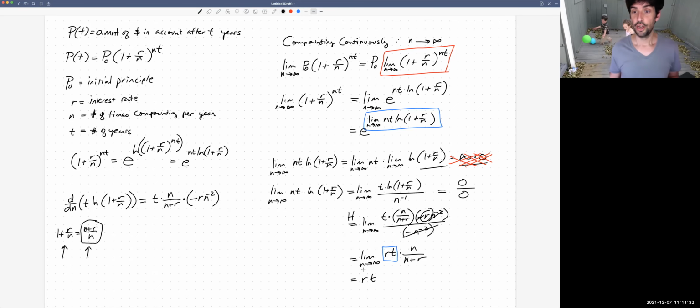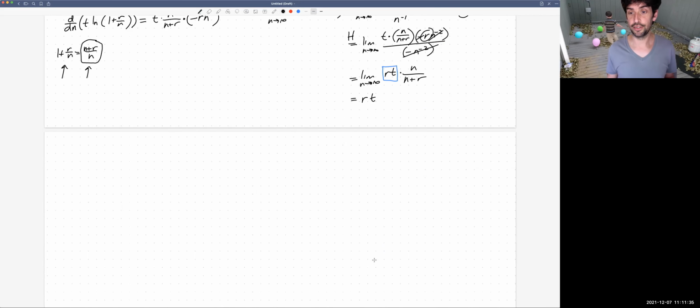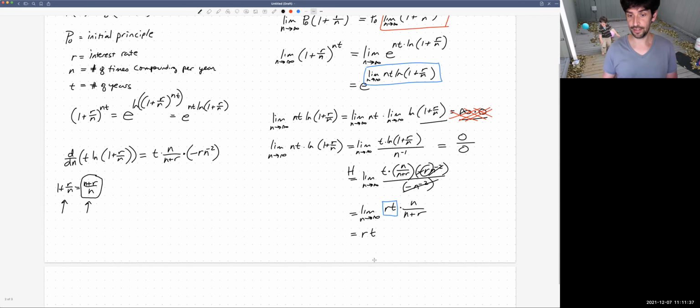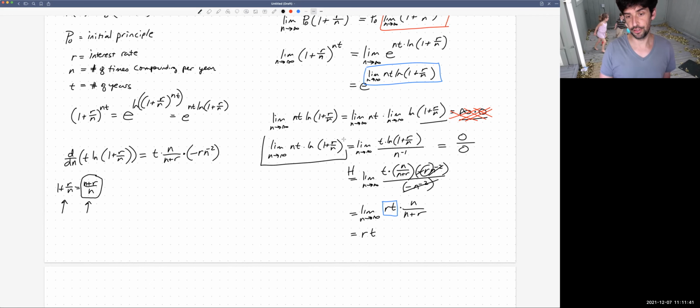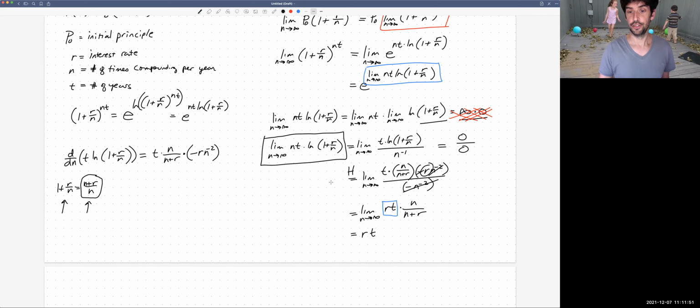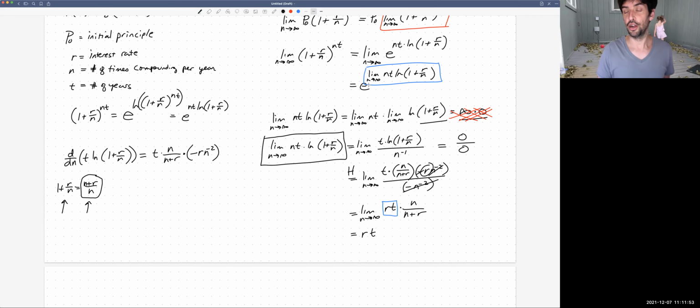Okay. All right, let's put it all together now. So this thing that we just computed, rt, that was the result. That was what this limit was. This limit was in the numerator, this exponent of e. So this became e to the rt, right?